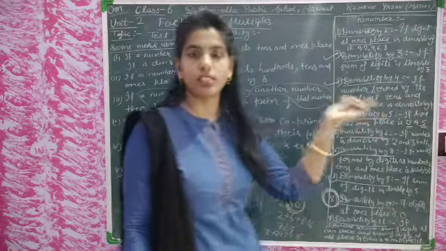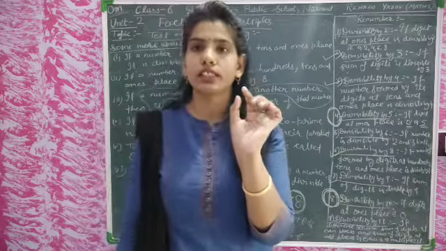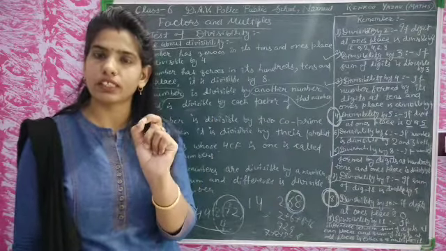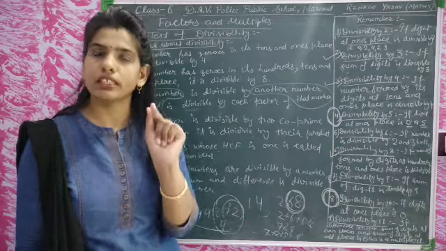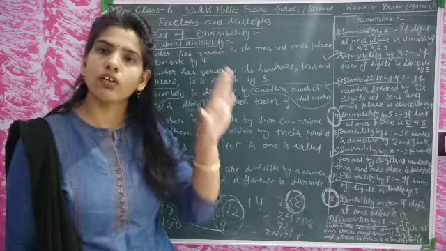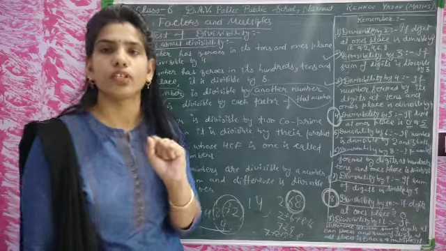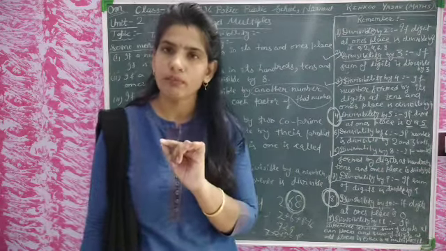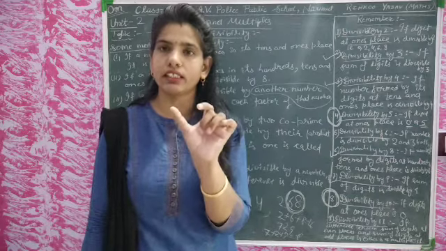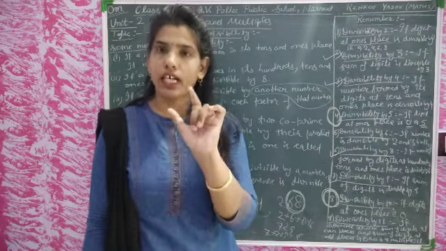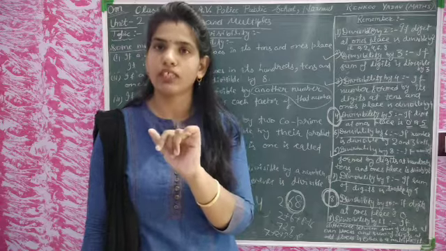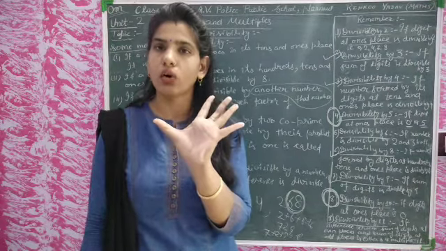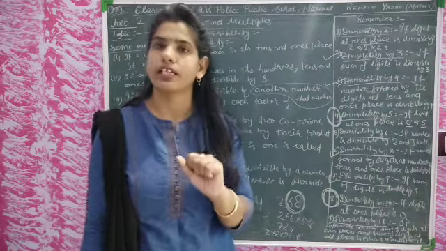For 4, the last 2 digits, the tens place digit and the ones place digit, make a number. If this number is divisible by 4, then the whole number is divisible by 4. Same for divisibility by 8: the last 3 digits, the hundreds, tens and ones place digits, make a number. If that number is divisible by 8, then the whole number is divisible by 8.